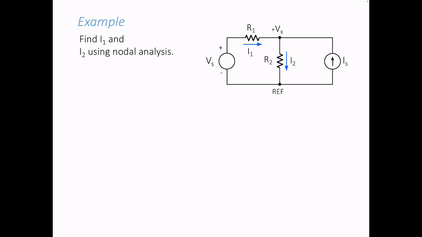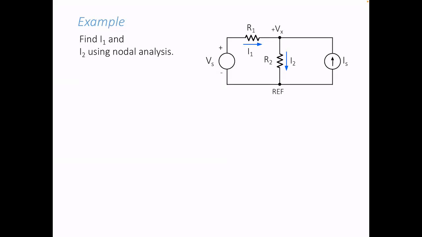So this is the problem. Okay, find I1 and I2 using nodal analysis. No? So yung purpose nito is so that we can compare the answer later on to using superposition. But dapat madali na to sa inyo, no? Using nodal analysis, how do you determine I1 and I2?